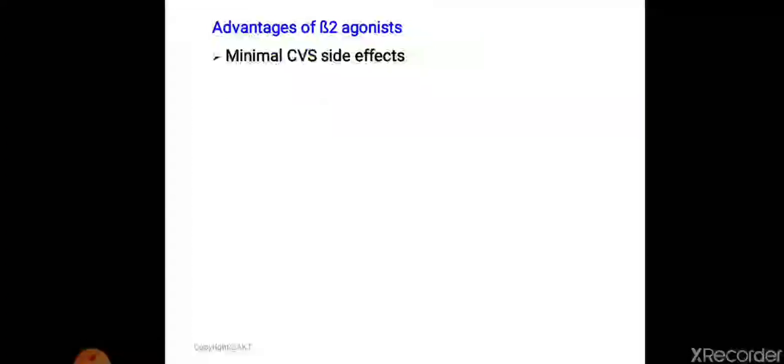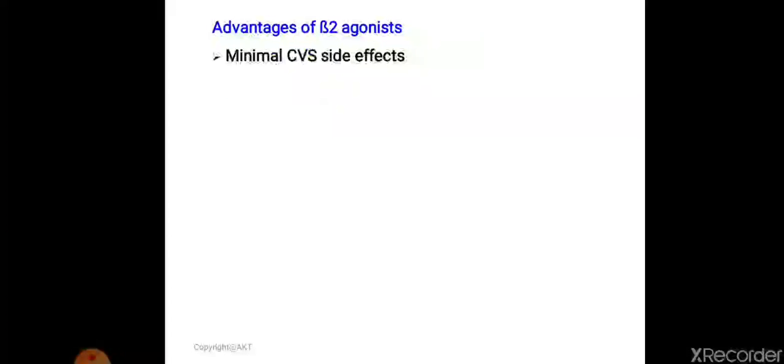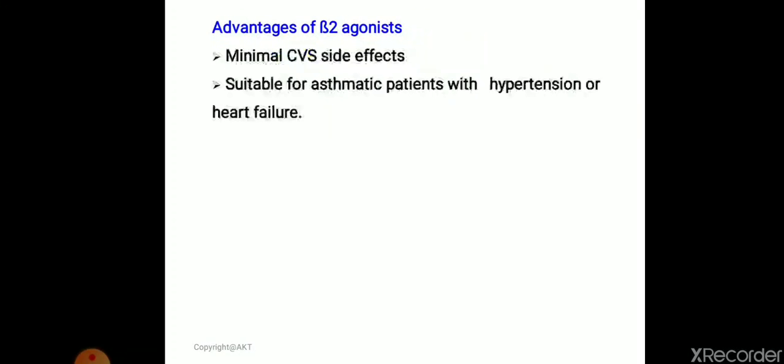Advantage of beta-2 selective agonists: even though we can use adrenaline, adrenaline will stimulate all the adrenergic receptors. So what is the advantage of a very selective drug which can selectively activate beta-2 receptors? There will be minimal cardiovascular side effects because beta-1 receptor is not stimulated. It is suitable for asthmatic patients with hypertension or heart failure because other beta receptors which are responsible for elevating blood pressure are not affected.